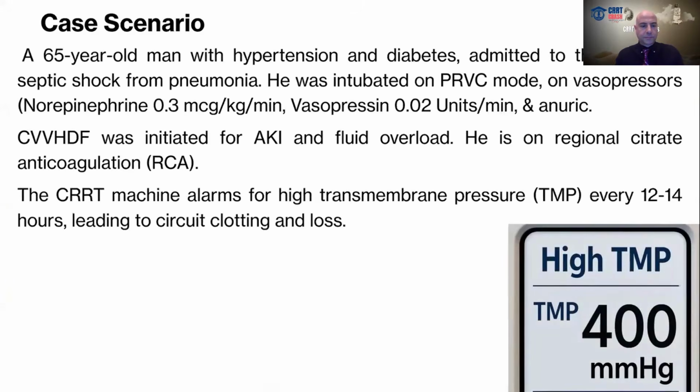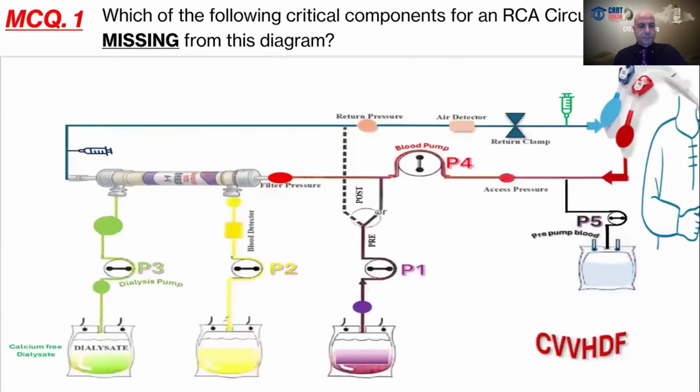Our intensivist decided to start CVVHDF for AKI and fluid overload. He is on regional citrate anticoagulation. The CRRT machine keeps alarming for high transmembrane pressure every 12 to 14 hours, leading to circuit loss.